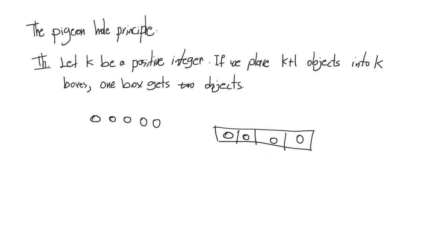So when each box contains exactly one object, we have k objects. Therefore, to add the k plus first object, we need to put 2 into 1. Therefore, the last one has to go with some of these from before. Okay, this is the very basic pigeonhole principle.